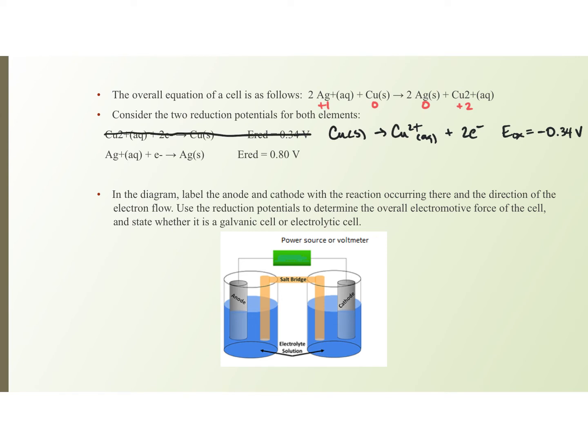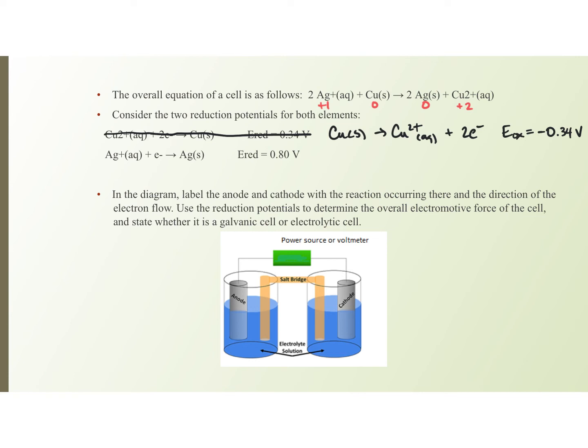Let's figure out how that might apply in a problem like this one. In the diagram below, you need to label the anode and the cathode with the reaction that occurs at each one, the direction of the electron flow, and then determine the overall electromotive force of the cell and state whether it's a galvanic or electrolytic cell.